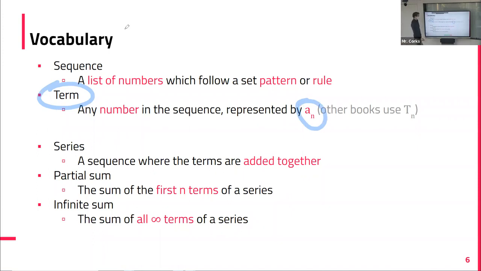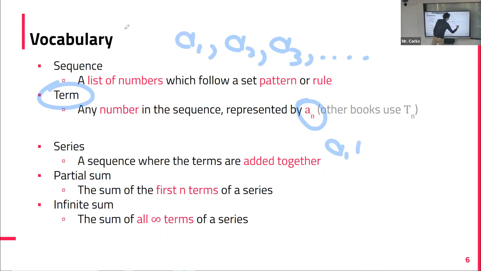A series is a similar thing. Sequence: a_1, a_2, a_3, dot dot dot. Series is just adding them together. So a_1 plus a_2 plus a_3, etc.